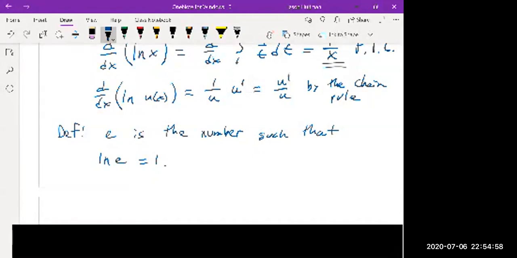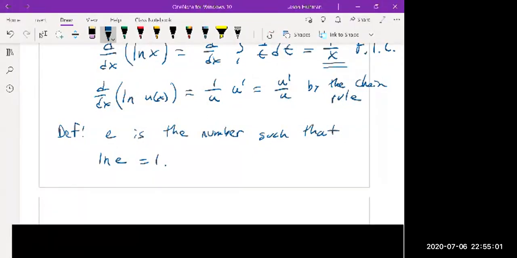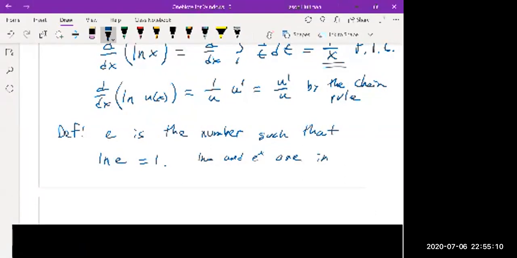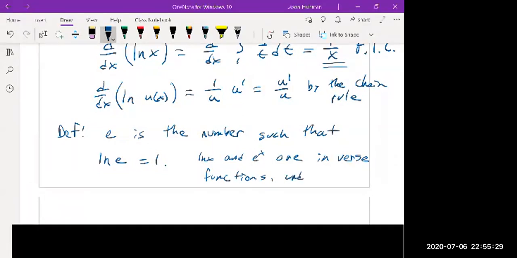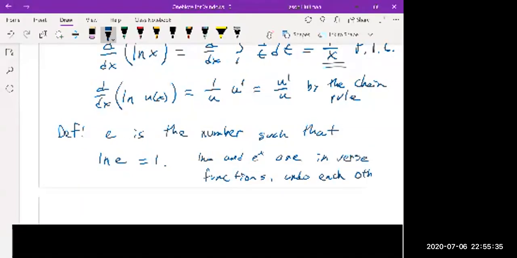That tells me that ln x and e to the x are inverse functions. They undo each other, like adding 2 and subtracting 2.